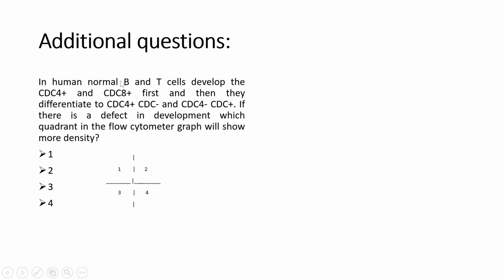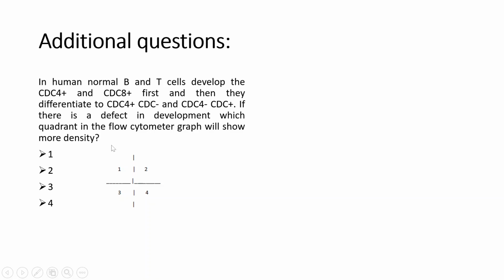Initially both B and T cells will look the same. Both of them bear the CD4 plus and the CD8 plus marker. However, after a while they differentiate to become CD4 plus CD8 minus, and CD4 minus CD8 plus.